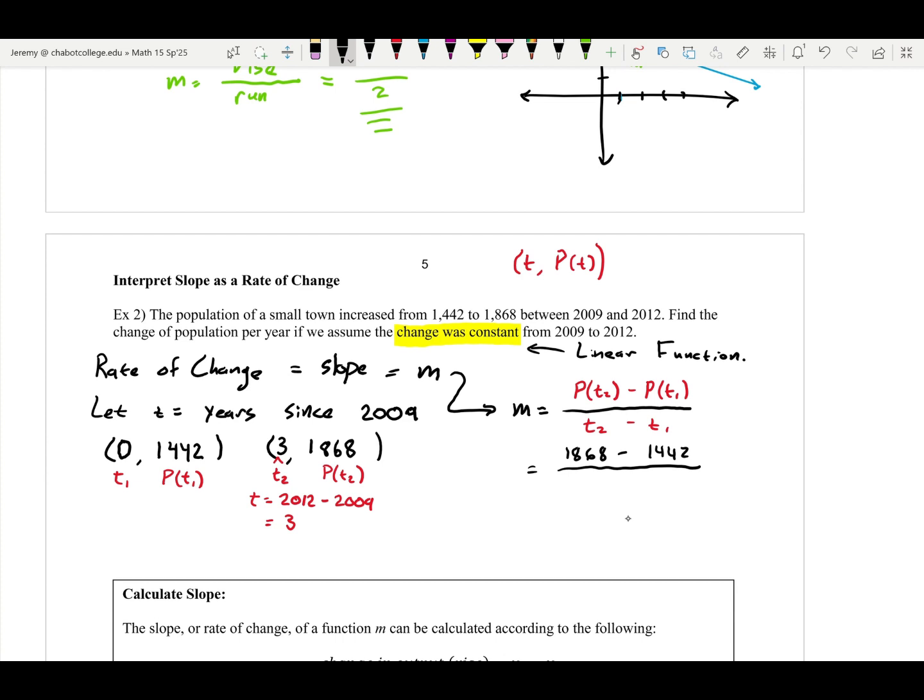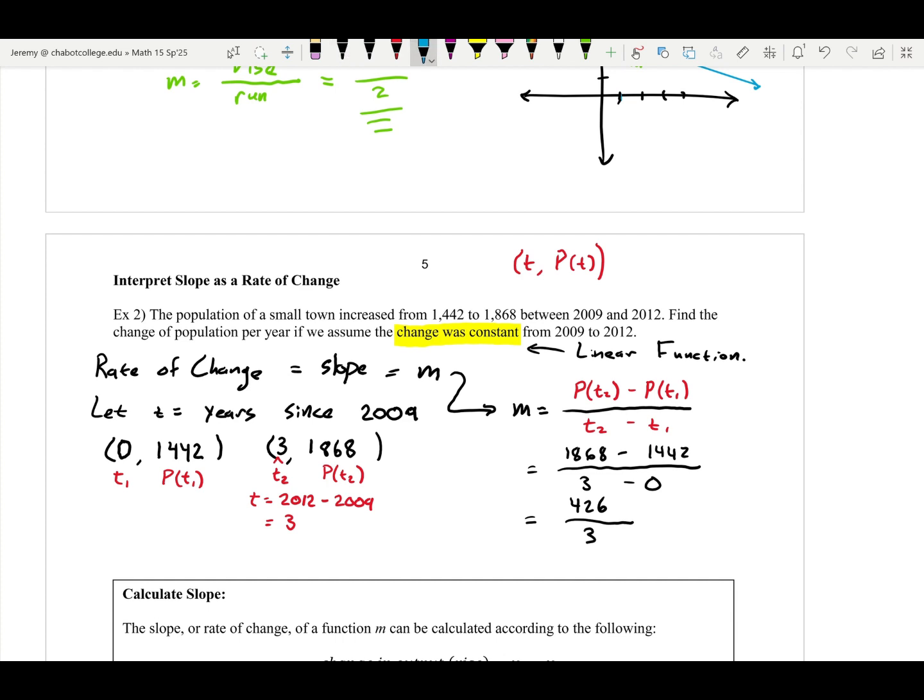And the difference of the t values, that'll be 3 minus 0. That's t2 minus t1. Again, be careful about order. And I take this difference and I get in the numerator 426. In the denominator, I get 3.